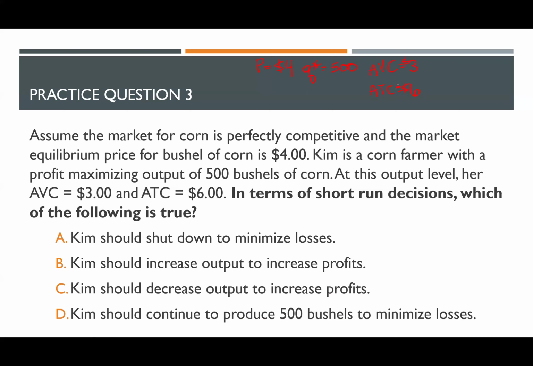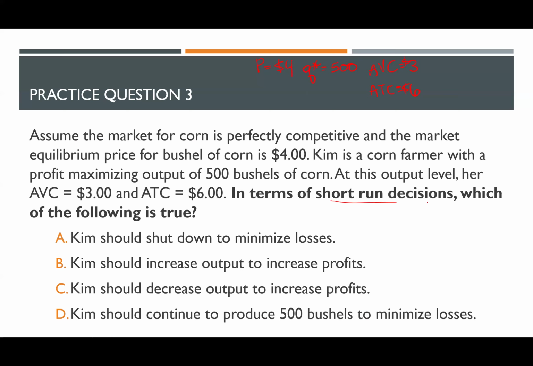So we learned in the last practice problem that she's operating at a loss. So this question is asking, what should she do in the short run? Should she A, shut down to minimize losses? Should she increase her output to increase profits? Should she decrease her output to increase profits? Or should she continue to produce 500 bushels to minimize her losses, right?